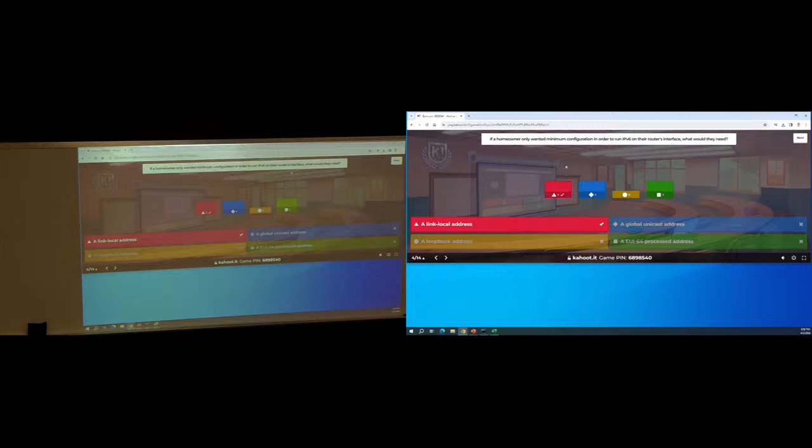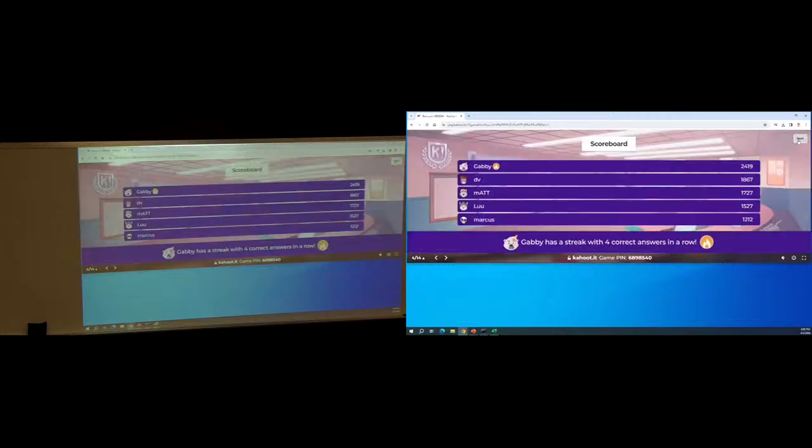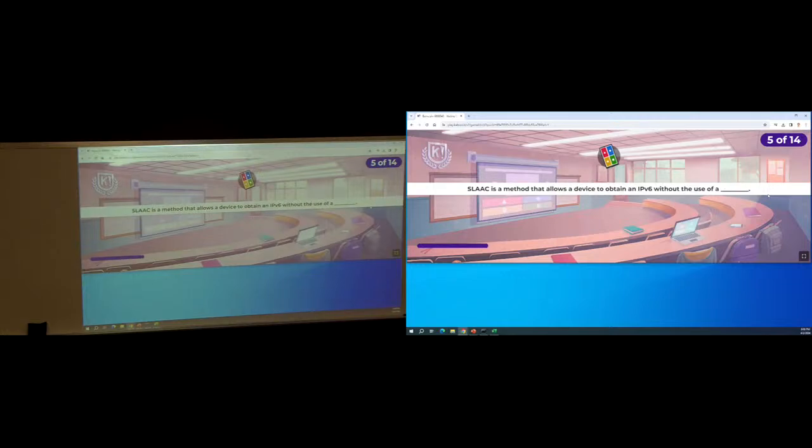A link local address. That's all that's needed. Remember how Matt pinged my link local address?